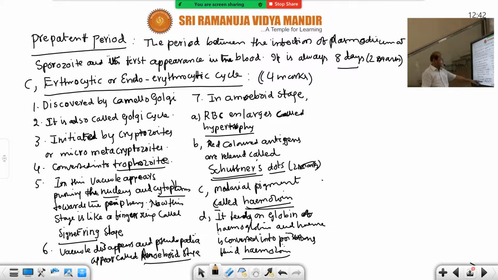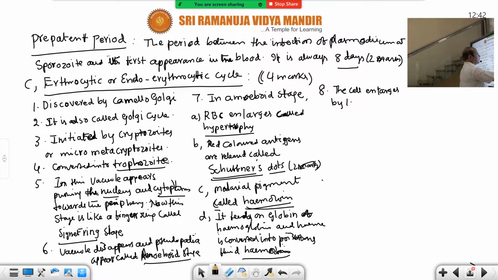This is the third stage in the life cycle of Plasmodium in erythrocytes, the amoeboid stage. Then the nucleus enlarges, and the cell of the Plasmodium enlarges by losing pseudopodia.